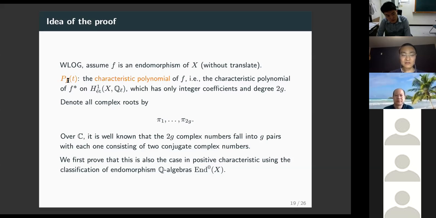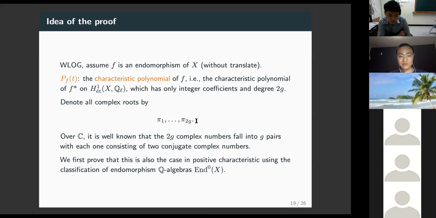Later we can generalize to the endomorphism Q-algebra, so we can give this F some Q coefficients. Then the characteristic polynomial has rational coefficients. We will use Q coefficients later for Rosati involutions. Anyway, we denote all complex roots of this P_F(T) by pi_1, pi_2, up to pi_2g.